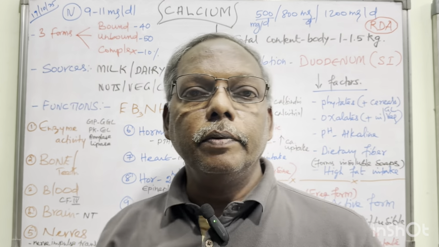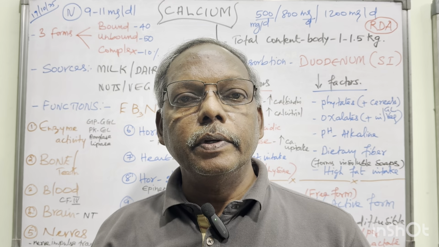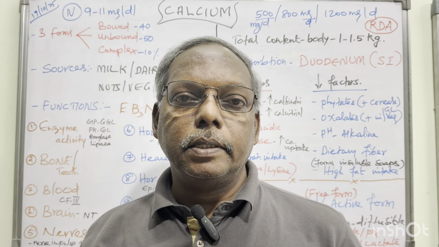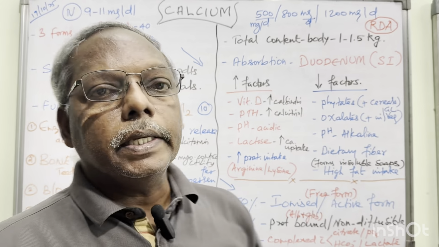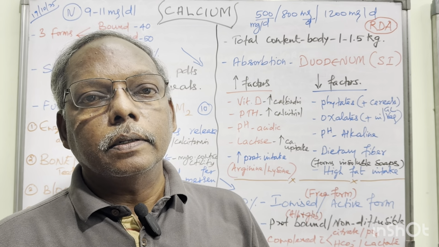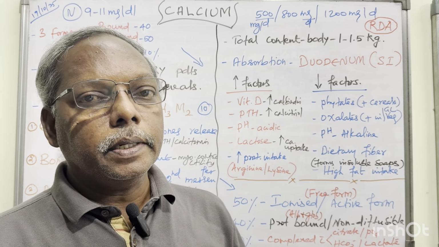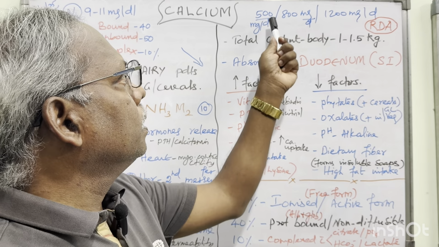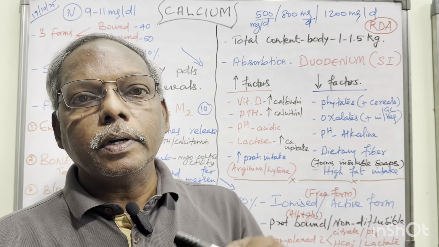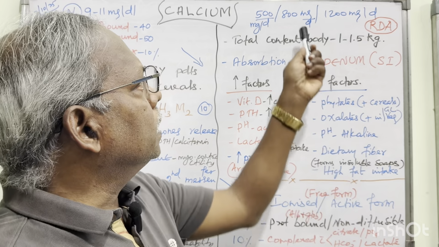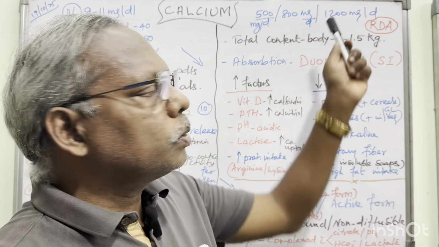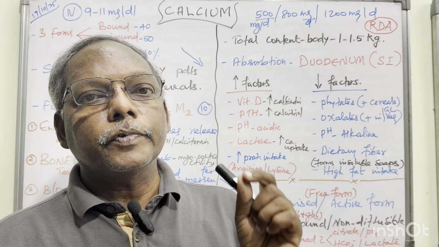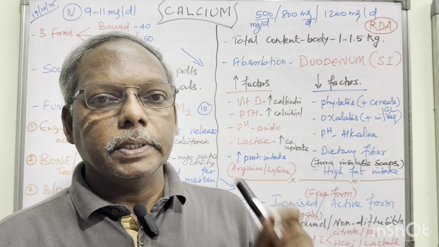Normal serum level of calcium is 9 to 11 milligram per deciliter, okay? Second one is RDA, recommended daily allowance, per day. What is the requirement? 500 milligram per day for children, 800 milligram per day for adults, 1200 to 1500 milligram for pregnant and lactating mothers.